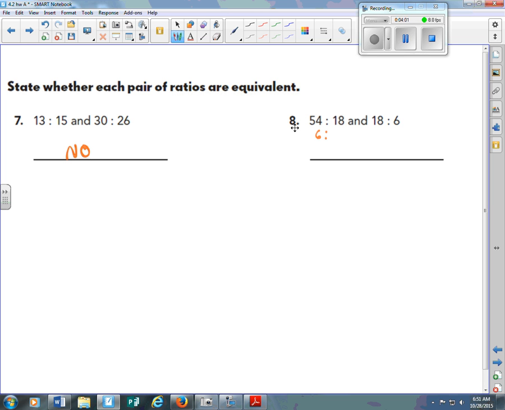And 9 times 2 is 18. And I would reduce it once more so that it would be 3 to 1. And we look at this, 6 goes into both of these. 6 goes into 18 3 times. 6 goes into 6 once. So the answer would be yes.